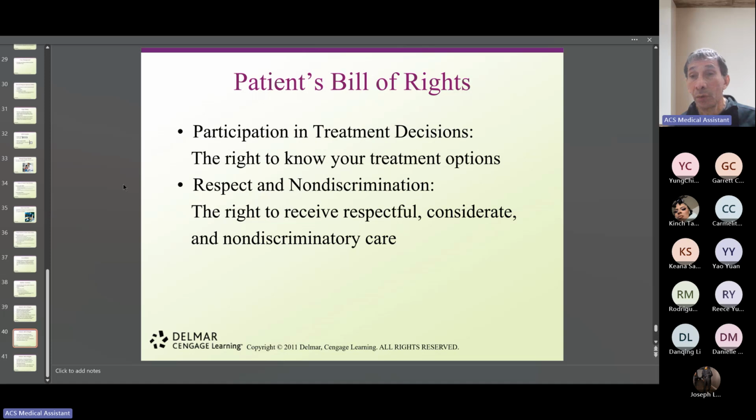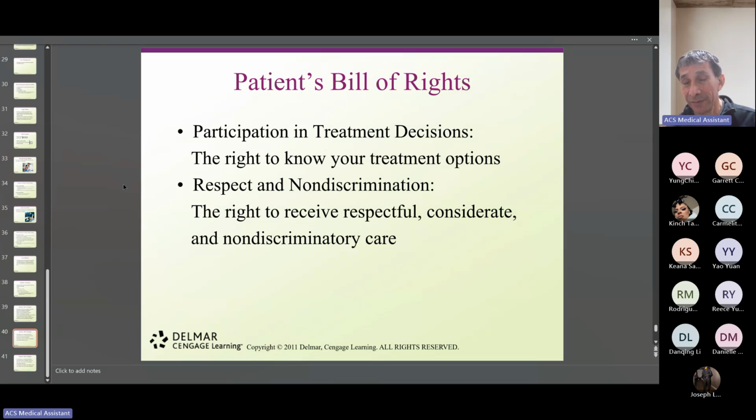The patient needs to know what types of treatments you are going to offer. What is it? What are the advantages? What are the disadvantages? What are the side effects? So you have to inform the patient. This is like doing a procedure. I'm going to order this particular treatment, so you have to explain the treatment.